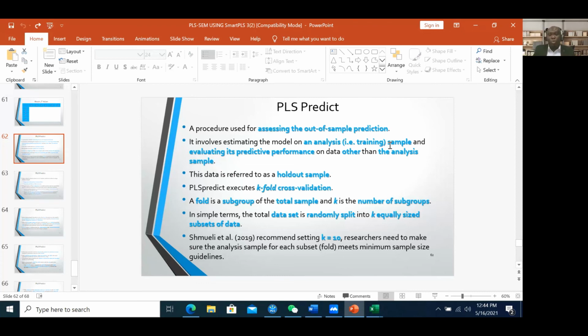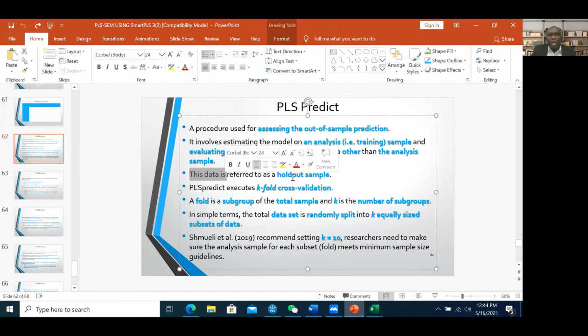That is what PLS Predict does. There's what we call a holdout sample. PLS Predict executes a k-fold cross-validation. A fold is a subgroup of the total sample, and k is the number of subgroups.